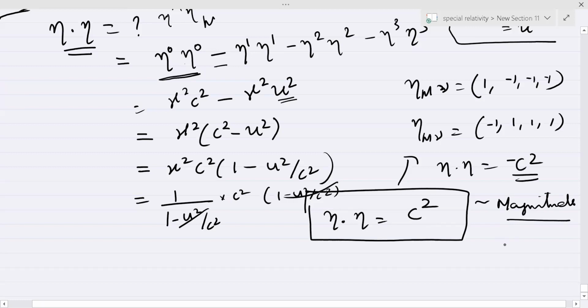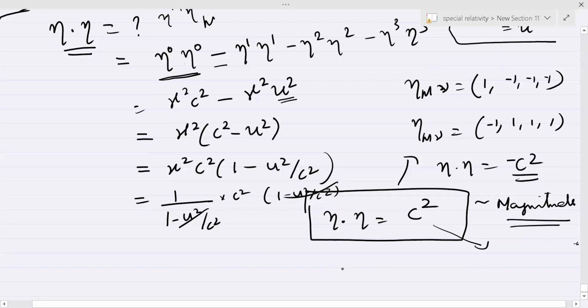Usually if you take a vector dot a vector and take the square root, you get the square root of ax square plus ay square plus az square, and that we call the magnitude. So here, the magnitude of this 4 vector, the 4 velocity, is a constant, which is equal to c.